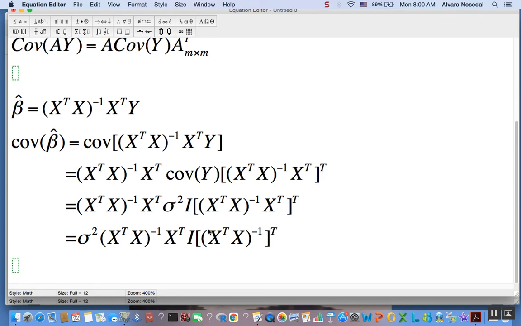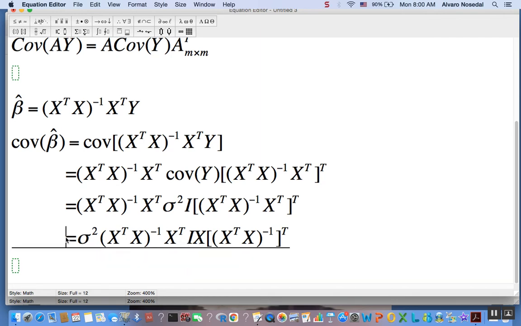Let me put it here and get rid of that transpose, and then we have this guy here transpose, right? Okay, so first identity times X is going to be X, right?